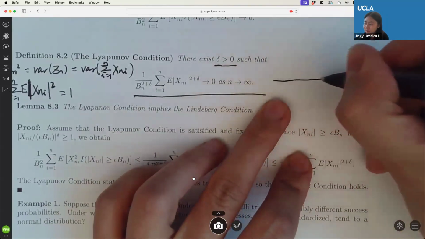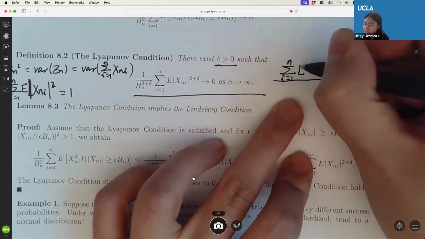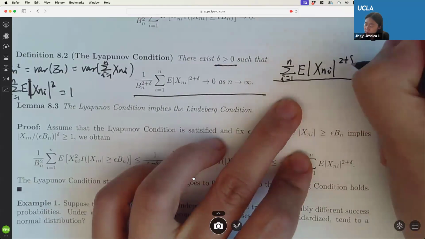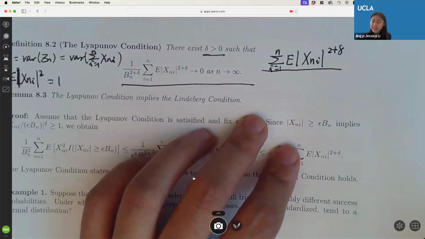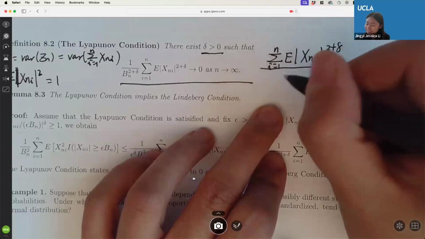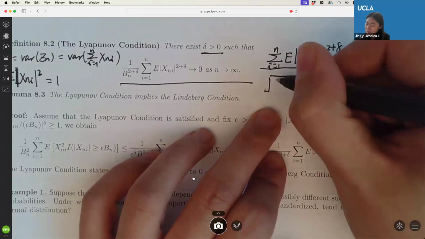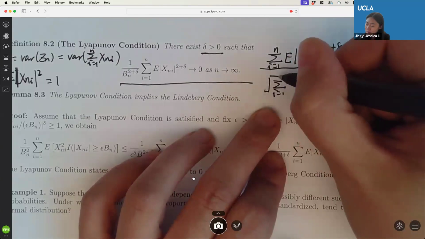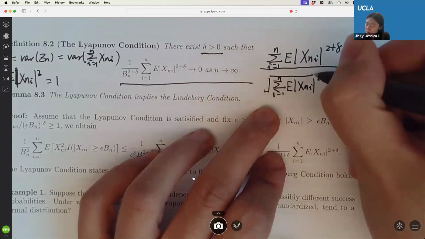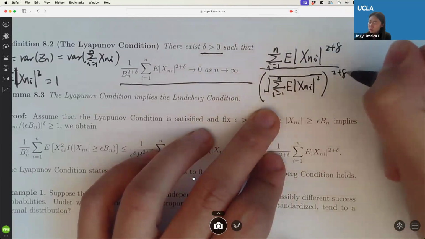If we look at the ratio, the numerator is the sum over i from 1 to n of the expectation of x_ni raised to the power 2 plus delta. And the denominator is what? Let me think how to write it. The denominator is the square root of the sum over i from 1 to n of the expectation of x_ni to the power 2, and that square root is raised to the power 2 plus delta.